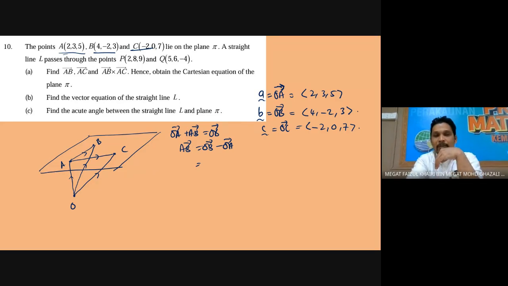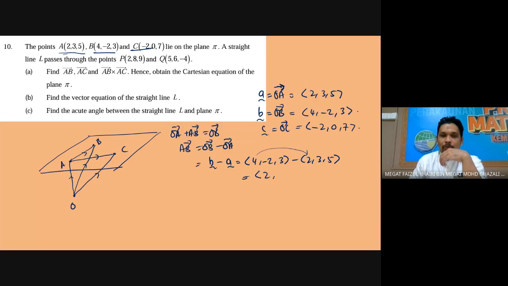So now, to find AB, OB minus OA, or B minus A, which is (4, -2, 3) minus (2, 3, 5), equal to 4 minus 2, which is 2, negative 2 minus 3, negative 5, and 3 minus 5, negative 2.